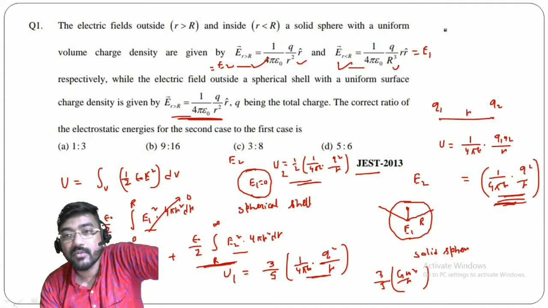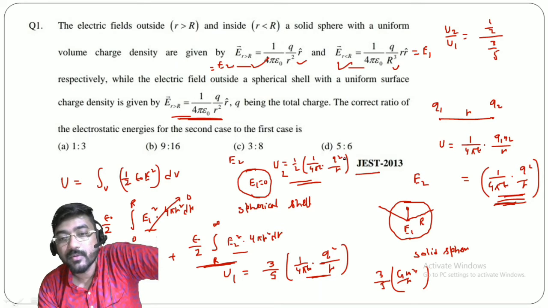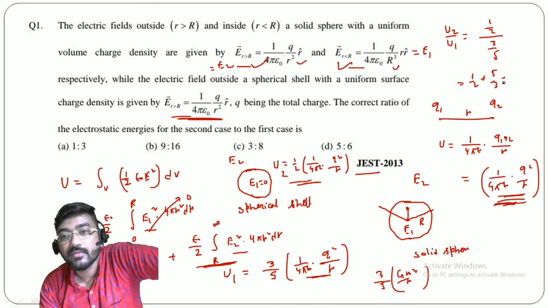What will be u2 divided by u1? u2 is nothing but this, the factor will be half, and u1 is 3 by 5, because 1 upon 4 pi epsilon naught into q square by r is common. So it will be half into 5 by 3, that will be 5 by 6.